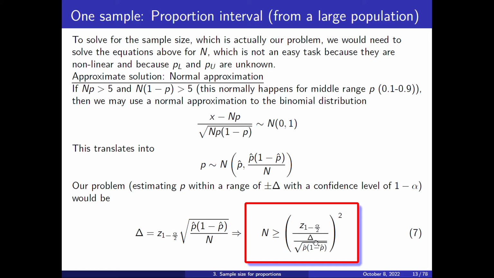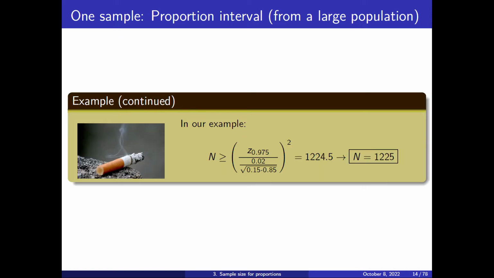The normalization in this case is delta divided by this square root. In our example we wanted delta to be 0.02, and we expected the proportion to be around 15%. That gives us more than 1,000 smokers, and we need so many because we want it to be very precise.